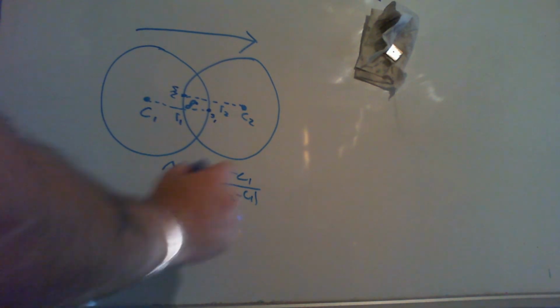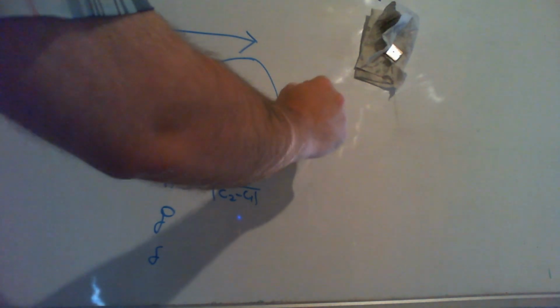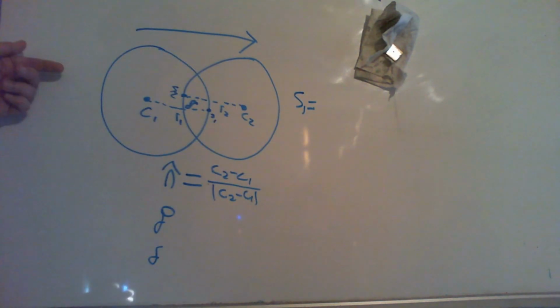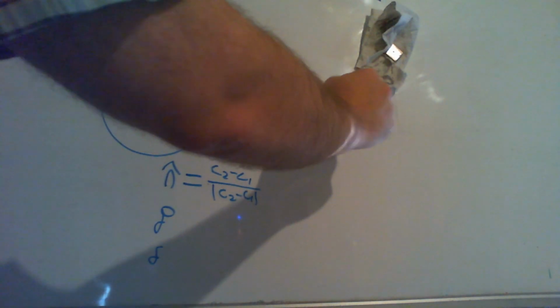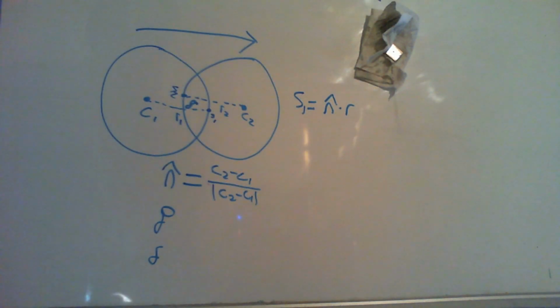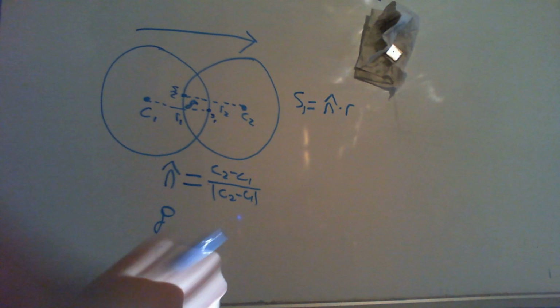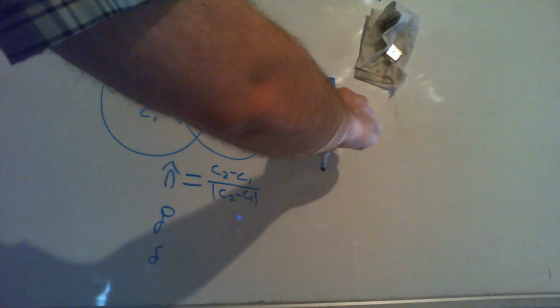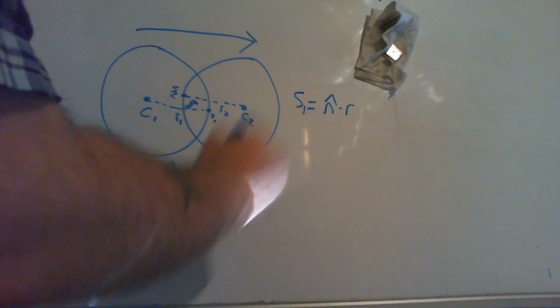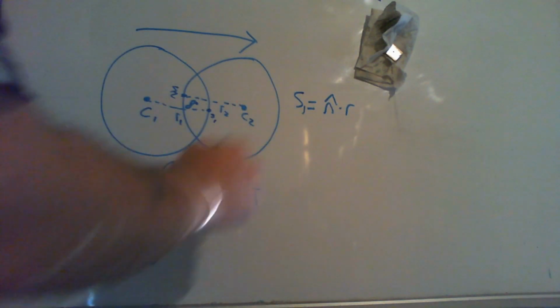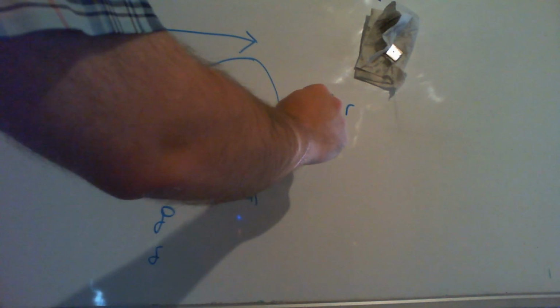And so in order to get S1, it goes in the direction of the normal. So it'll just be the contact normal times R. Technically, that might mean something else, but for our purposes, that's fine.